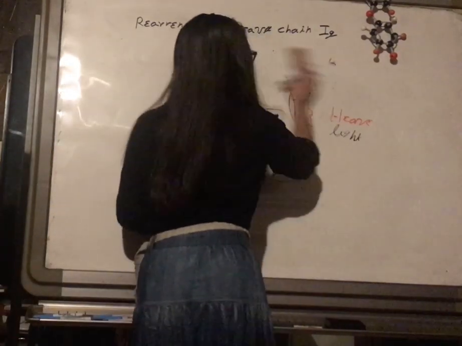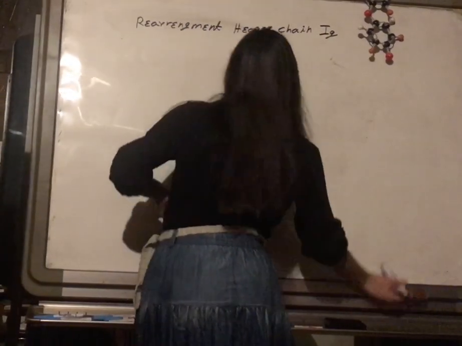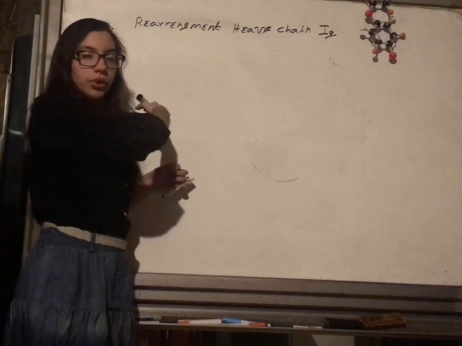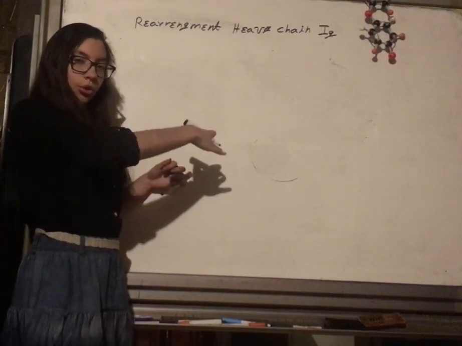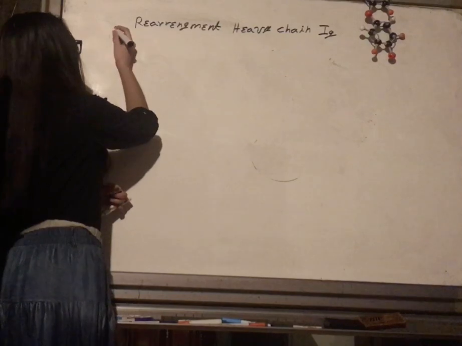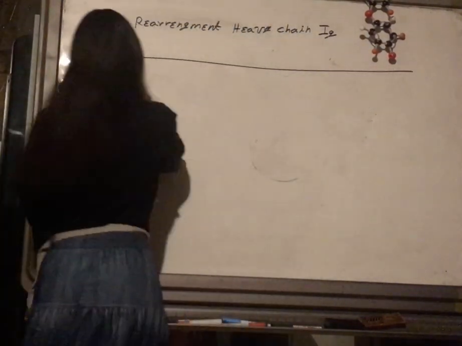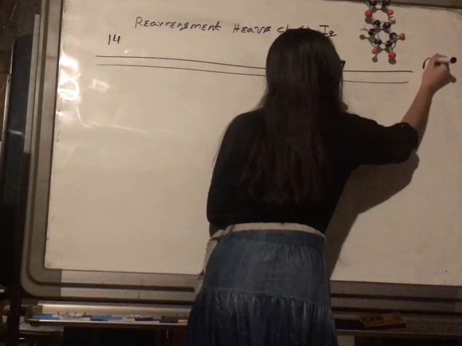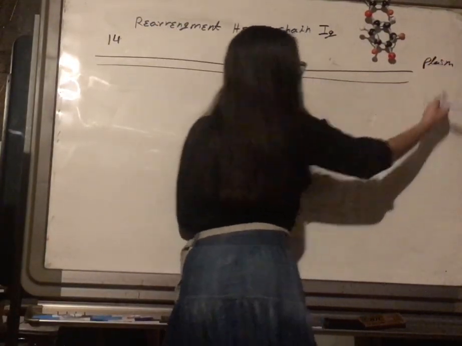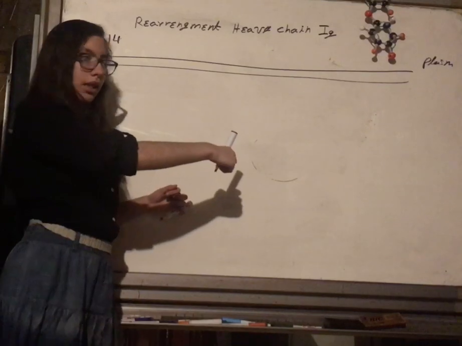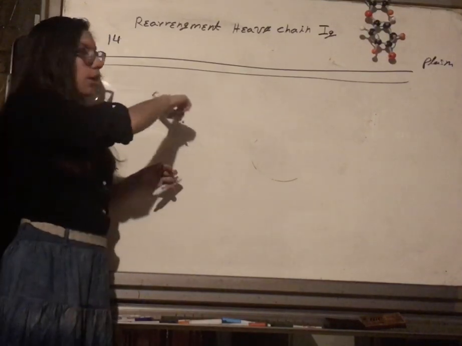So let's erase. And we need to put the DNA. Right now we are just going to see chromosome 14. So all this is the double-stranded DNA of a plasmatic cell. We know that plasmatic cells are the cells that make antibodies. And so this is chromosome 14.